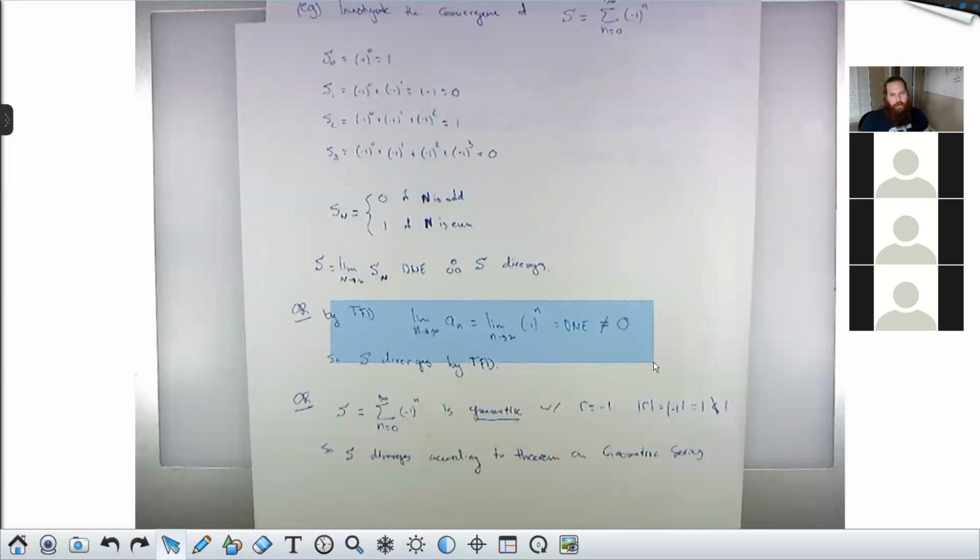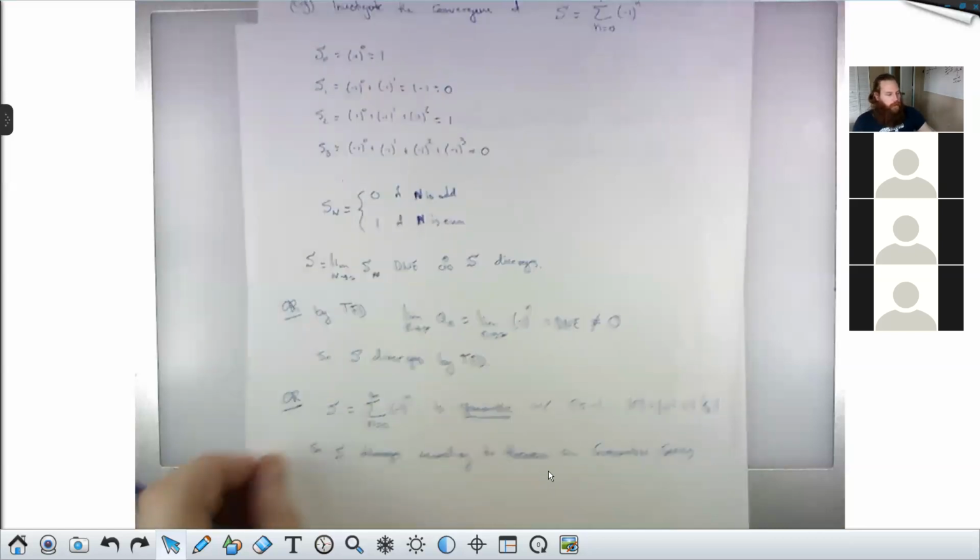Or by TFD, if you look at the limit of the a_n, that's also a DNE limit, which is not the same as being 0. So if the a_n don't go to 0, S diverges by TFD. Or as a geometric series, this has common ratio -1, which is not smaller than 1, right? The absolute value of -1 is 1, which is not strictly smaller than 1. So as a geometric series, we could say that this series diverges.